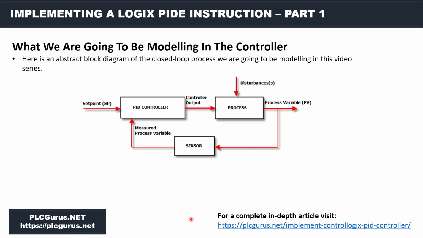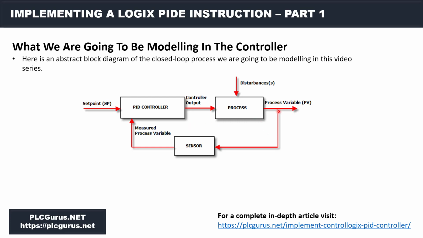So here is an abstract view of the process that we are going to be modeling. I want to look at it abstractly first, and then we'll dive into a specific example of this implementation. Okay, so this is the general form of a first order plant that we are going to control. We have a set point that we're going to be feeding into our PID controller, and then that PID controller is going to be outputting an output CV to control the process, okay?